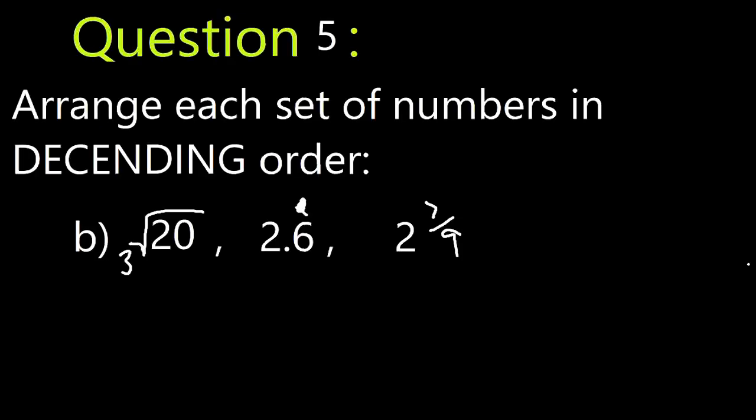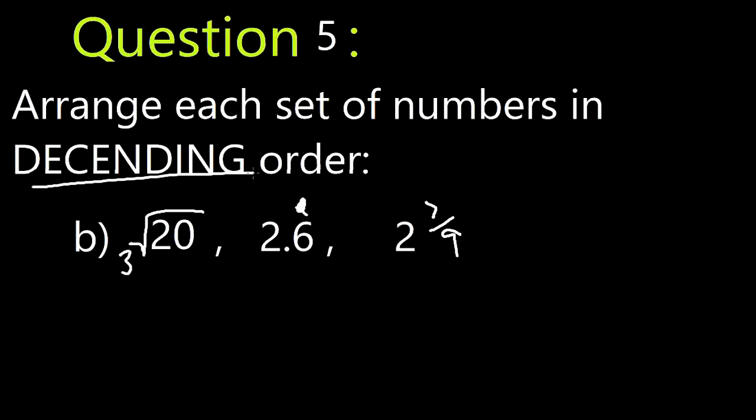Okay, so question 5. Arrange each set of numbers in descending order. Now again, we're going to the last column, so we're just going to do this one question here. It's given us the third root of 20, 2.6 with a dot on top, so that means 2.6 recurring, and 2 and 7 over 9. So 3 different forms of number that they want us to put in descending order.